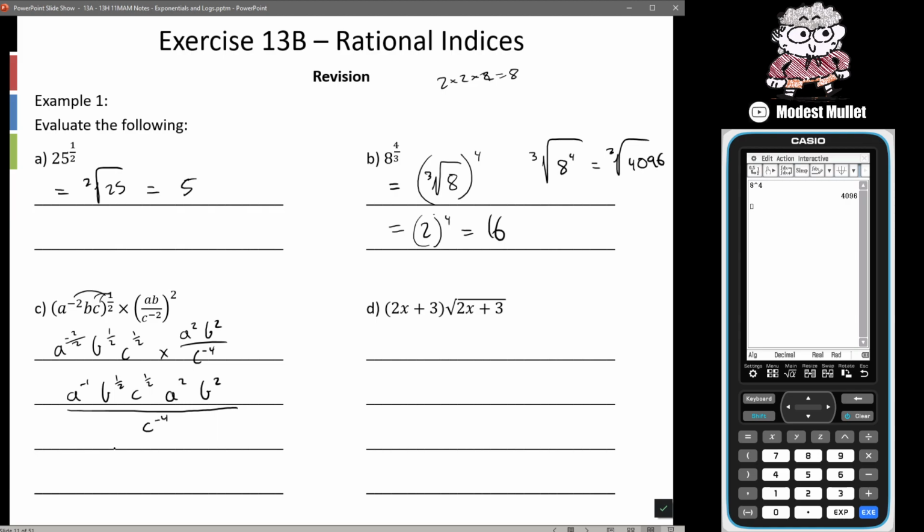So what do I get? Simplifying, so collecting some like terms. I'm going to get the a, and the a just becomes a to the 1. The b becomes half plus 2. That becomes 2.5, which is 5 on 2. And then the c, we have the half up top and the -4 on the bottom.